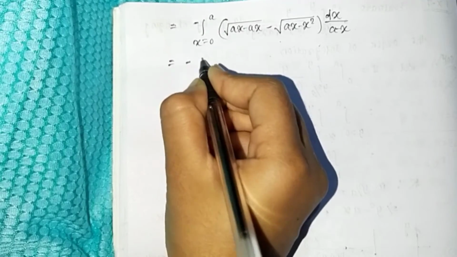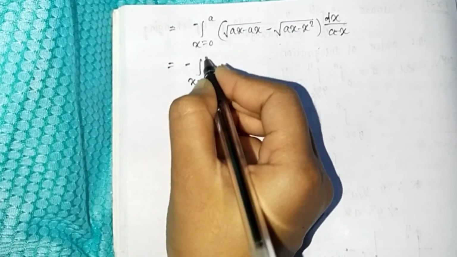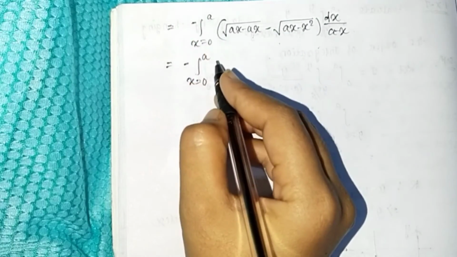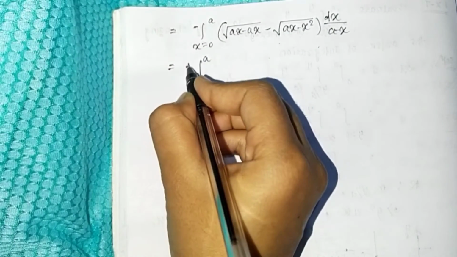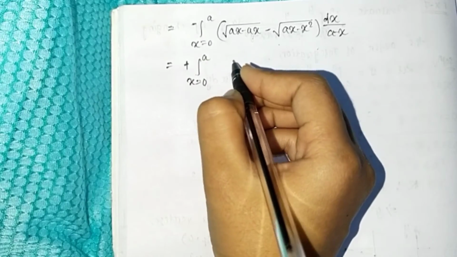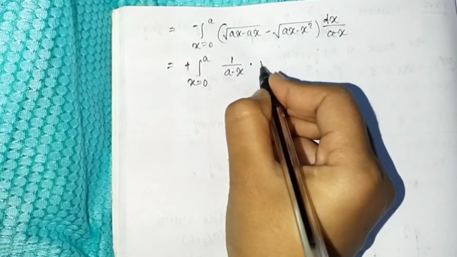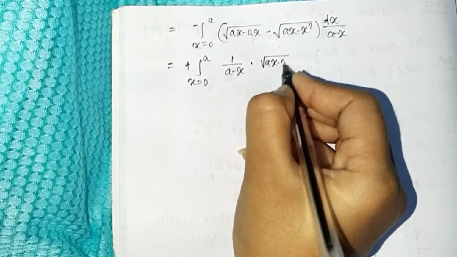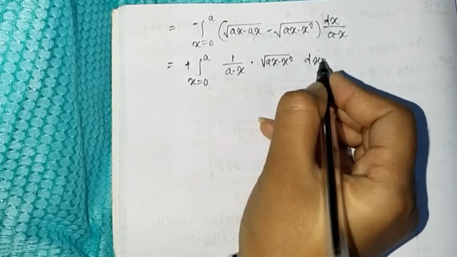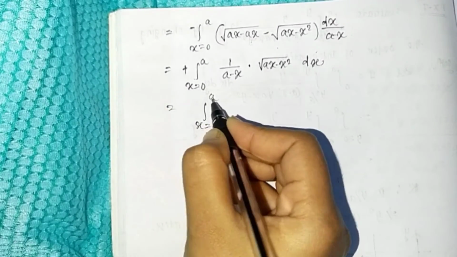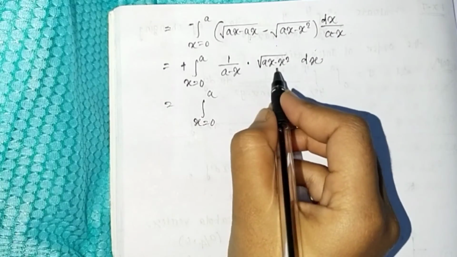So that is equal to minus integral x equal to 0 to a, that is 0, and this is minus minus plus. So plus 1 by a minus x into root over of ax minus x square dx. So that is equal to x is from 0 to a. First we take common x here.